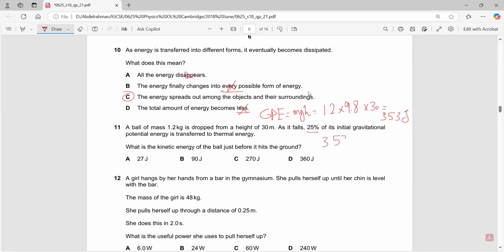Basically, 353 times 75%, which is 0.75, is around 265 joules, 270 joules. That's it. You lost 25%, you have 75% remaining.